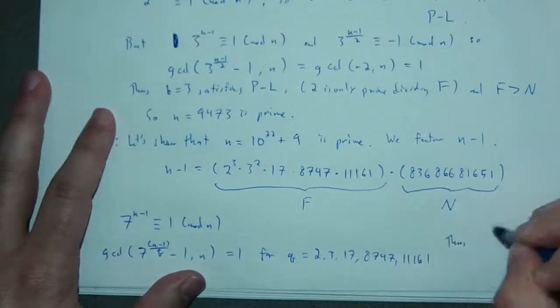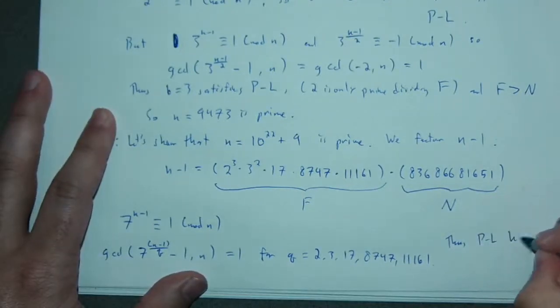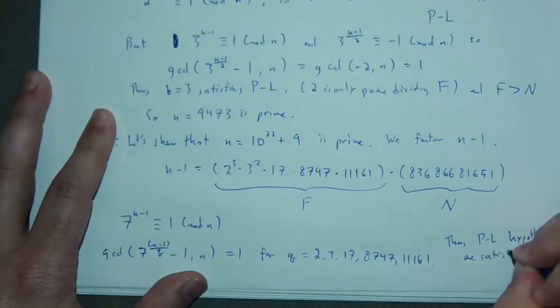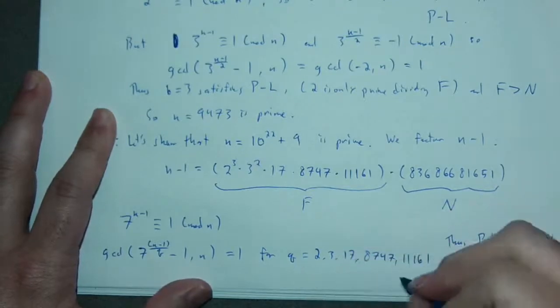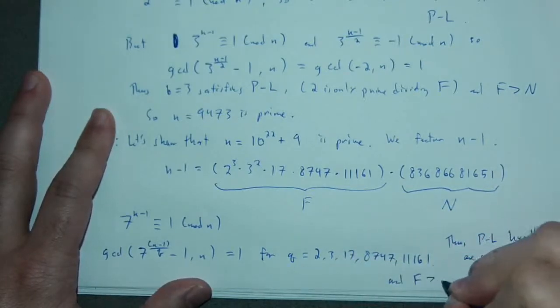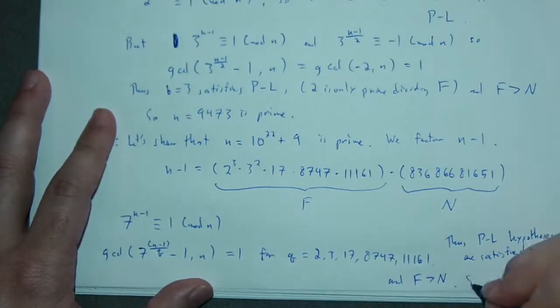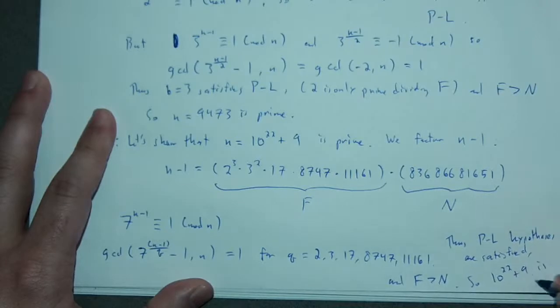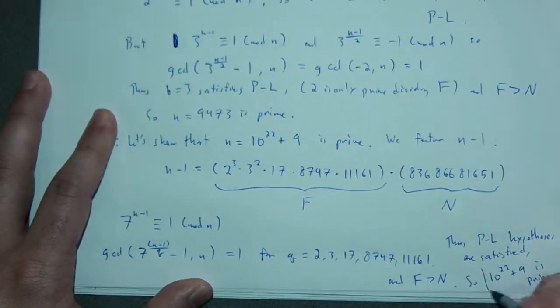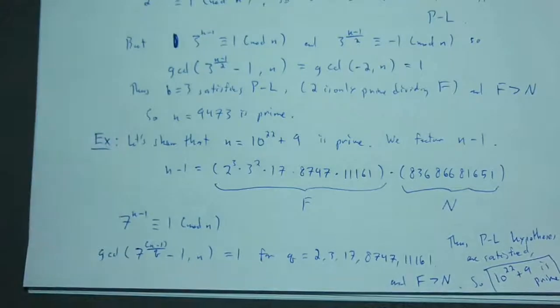Thus, the PL hypotheses are satisfied, and big F is strictly bigger than big N. So 10 to the 22nd plus 9 is prime.